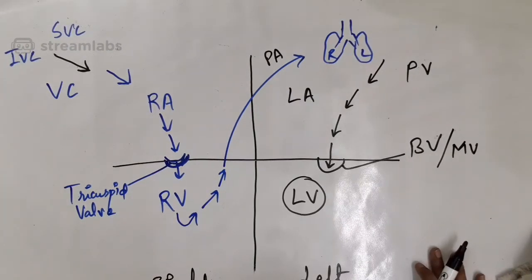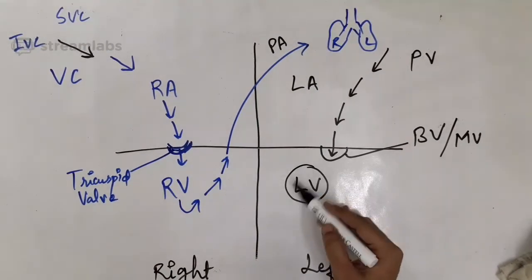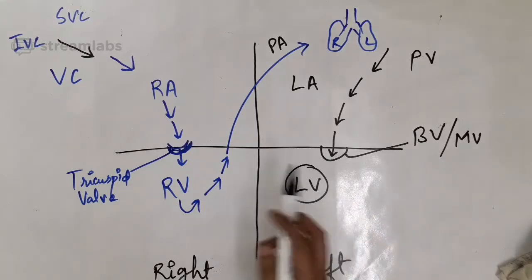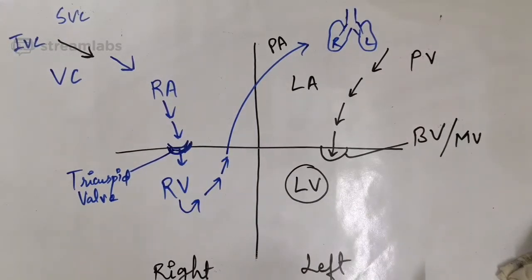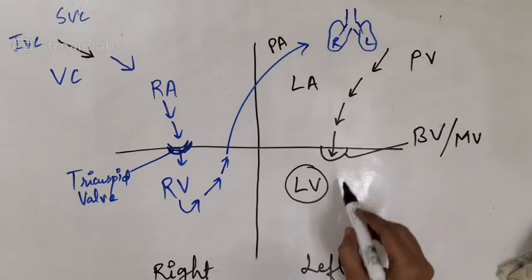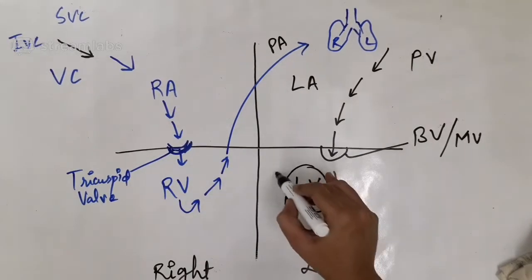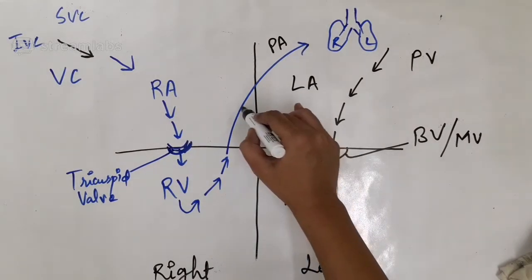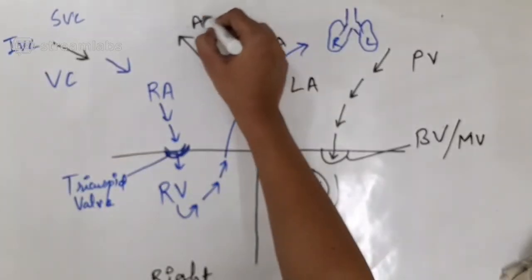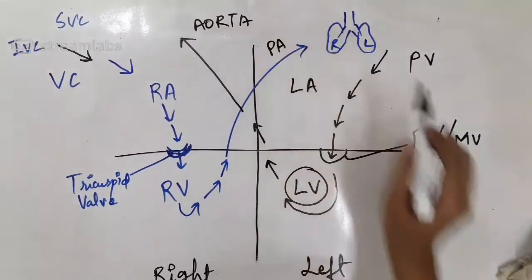And from left ventricle, the pure blood is pushed out of the heart to different organs of the body through the largest artery known as aorta.